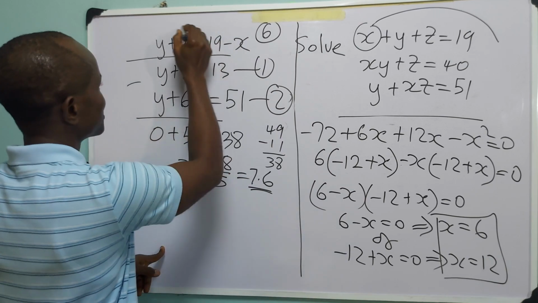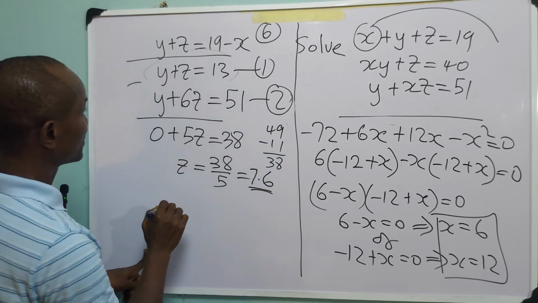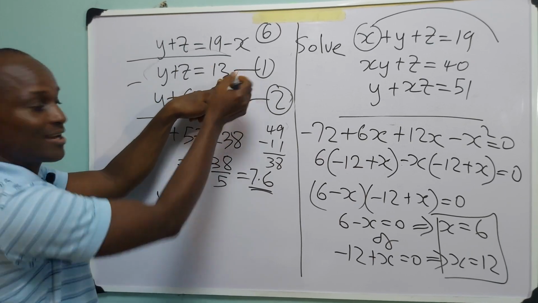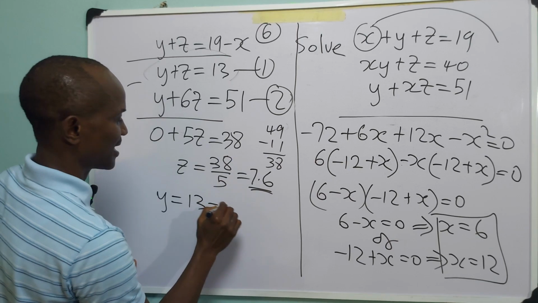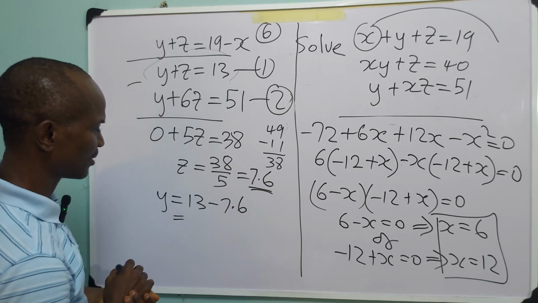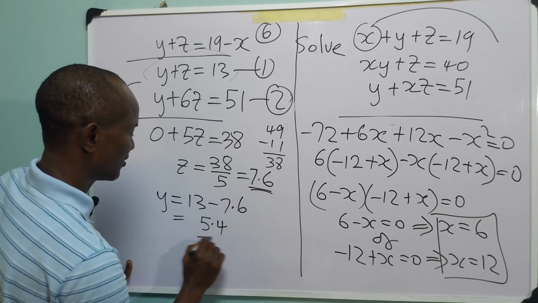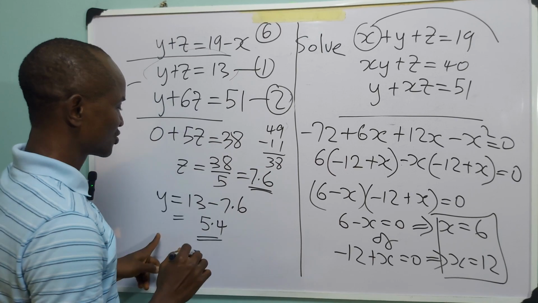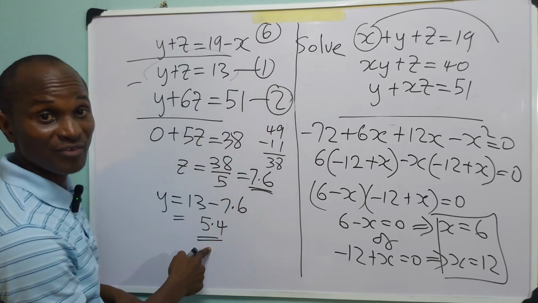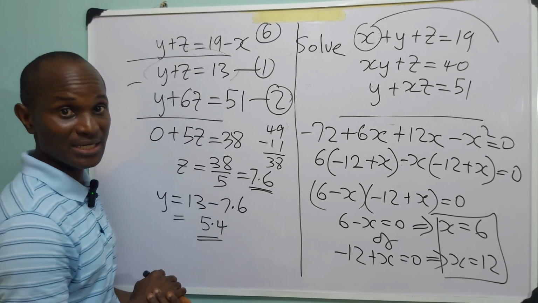We can go back once more to this equation. So we have that y is equal to 13 minus z. So 13 minus 7.6. And of course, this is equal to 5.4. So when x is equal to 6, we have that y is equal to 5.4 and z is equal to 7.6.